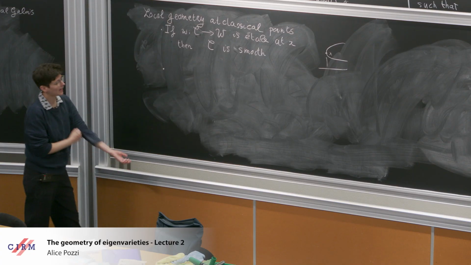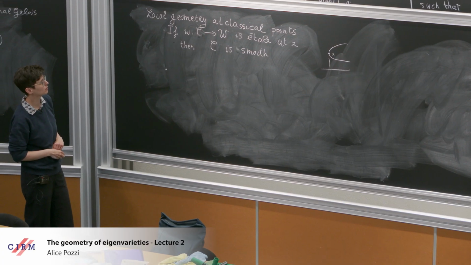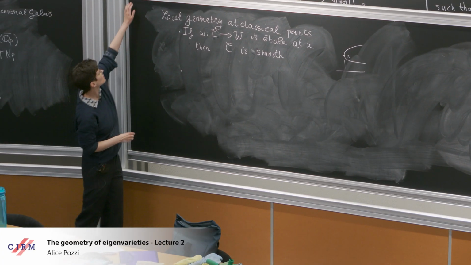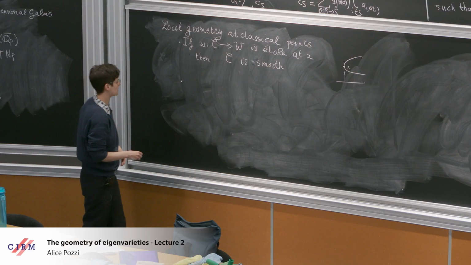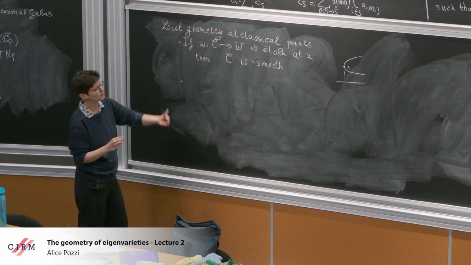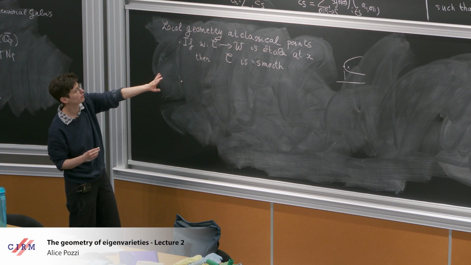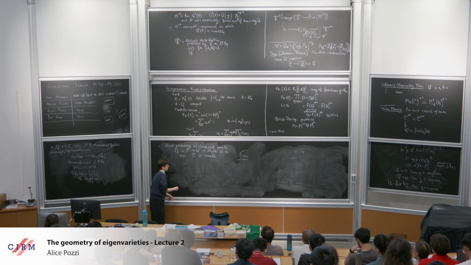A way of detecting this smoothness or étaleness is the following. We look again at the overconvergent generalized eigenspaces, under the assumptions that I stated before, which can be massaged, but just for concreteness.